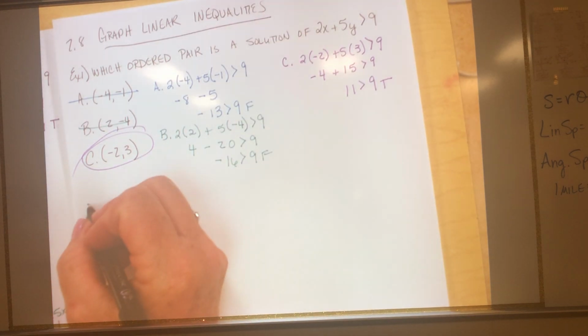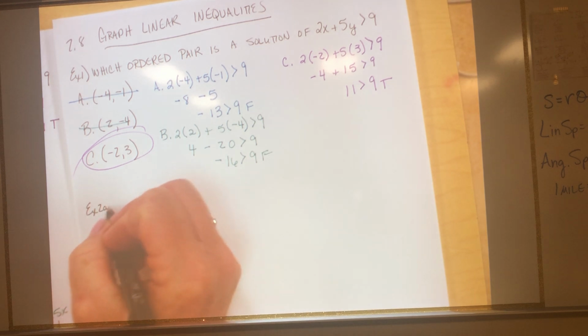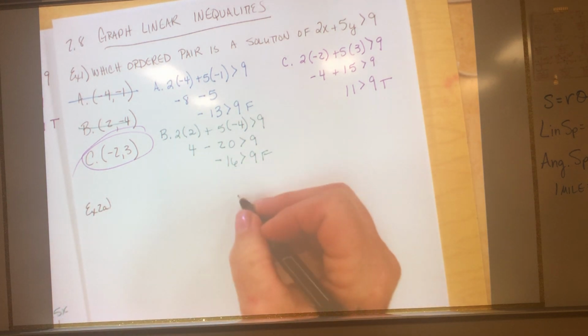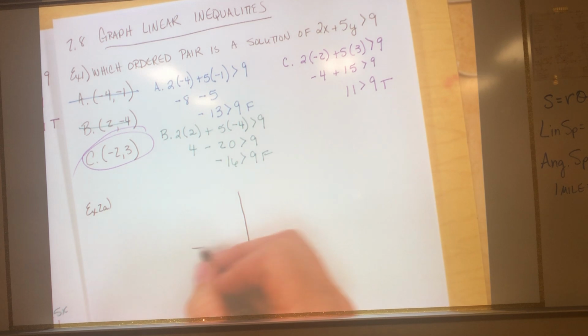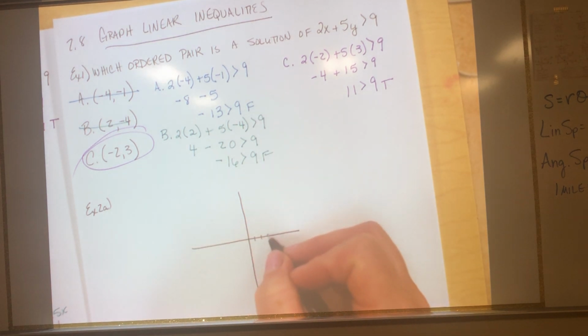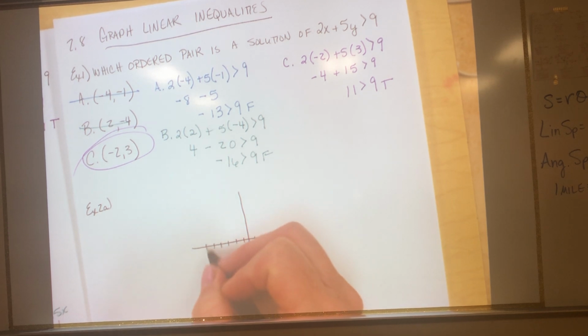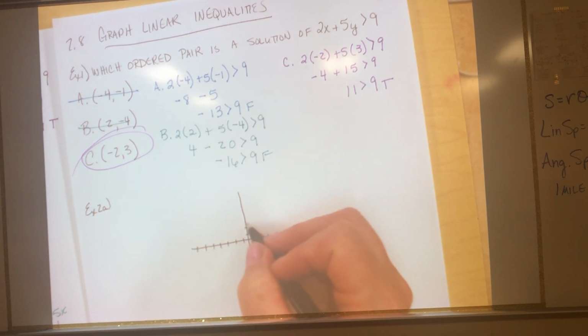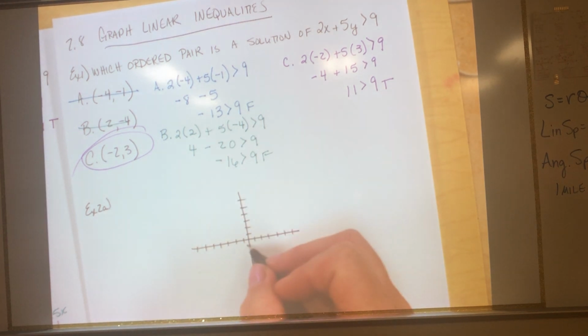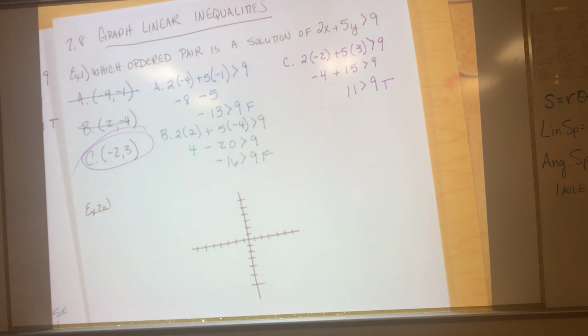Let's do example 2A and 2B. We're gonna be graphing, so I'm gonna draw me one graph. I'm gonna do both of them on the same graph. So I'm gonna draw me a little 6 by 6. That should be plenty big enough. Okay?